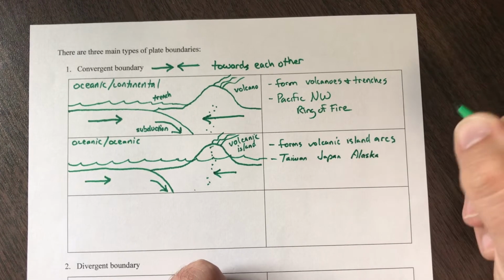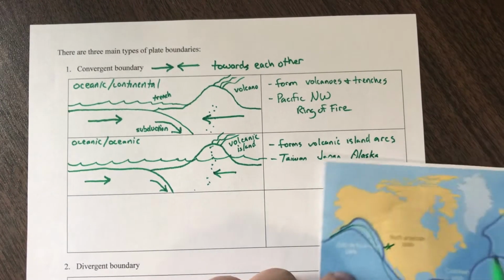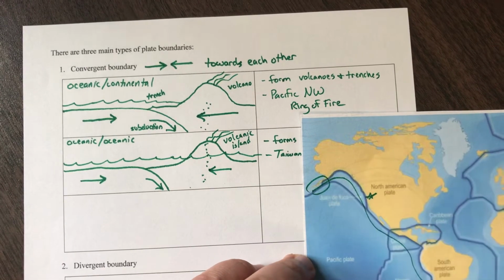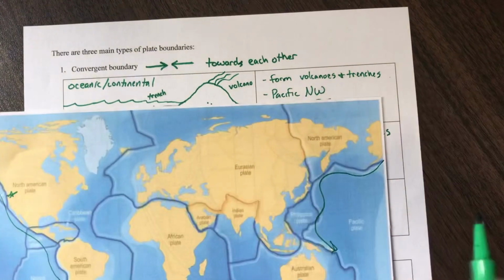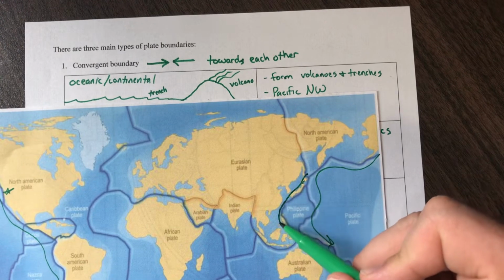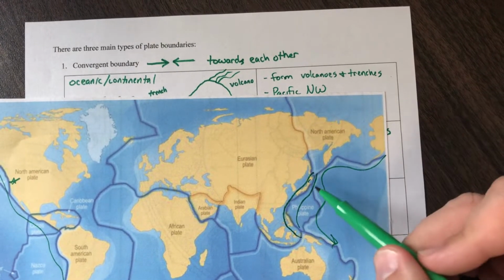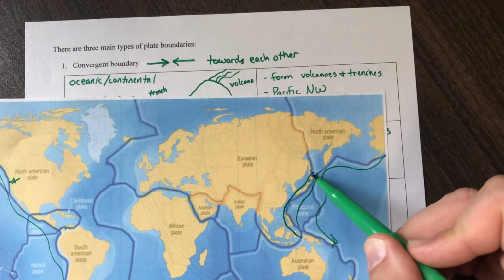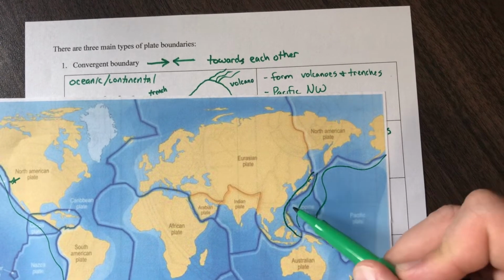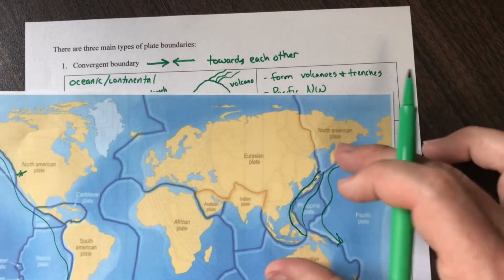So I'll put Alaska for now. These are the Aleutian Islands. That's Alaska. That's an island arc. Your Japan, Philippines, Taiwan, this whole area here, all these islands that are in a line, where the islands are all dotting or they begin to merge together. These are called island arcs.